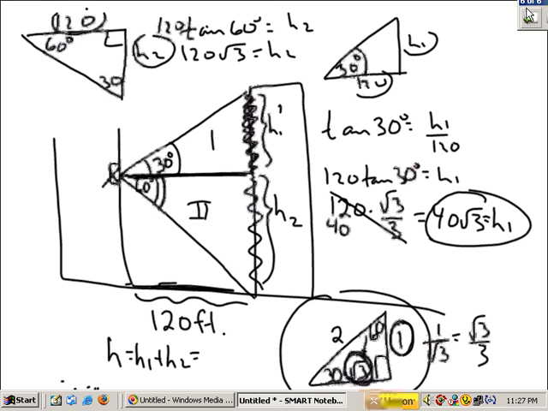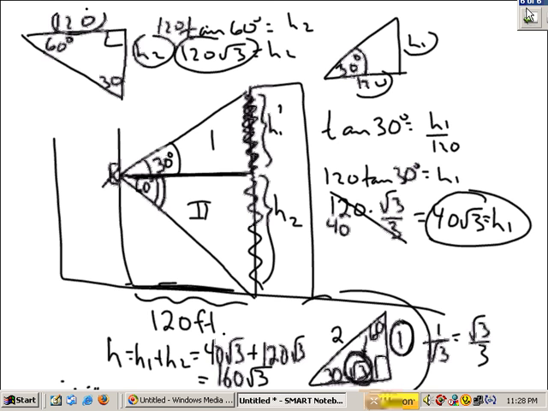H1 is 40 square root of 3 plus H2, which is 120 square root of 3, and that finally gives us 160. 40 plus 120 is 160 square root of 3. So that's the height of the building across the street.